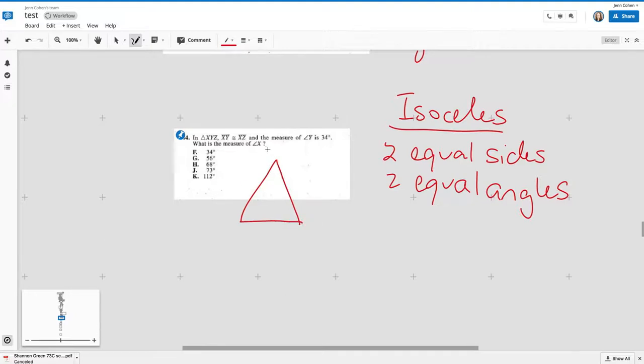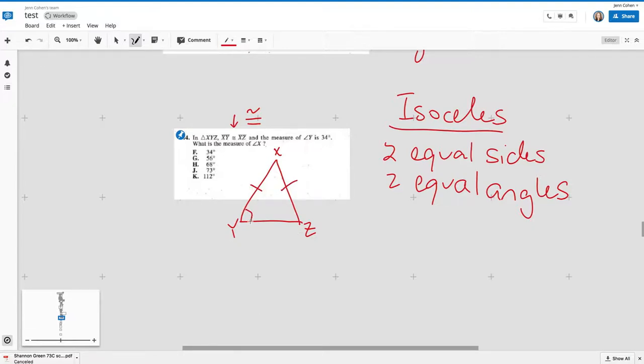XY and XZ, this little symbol, which I realize is a little blurry, is a congruent sign. And that just means that essentially they're equal. So XY and XZ are going to be the two equal sides of this triangle. Let's label these points. So XY is equal to XZ.